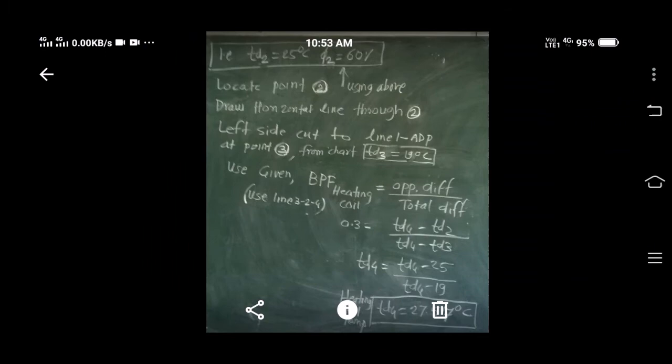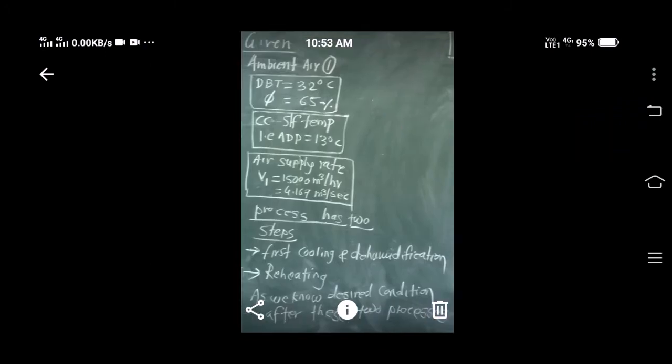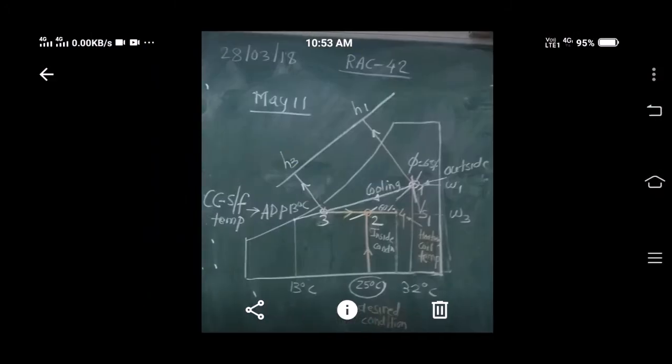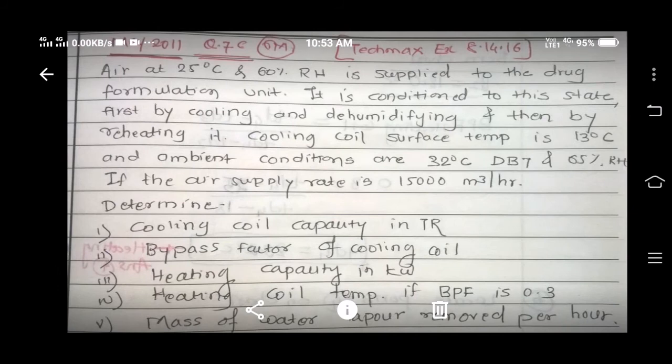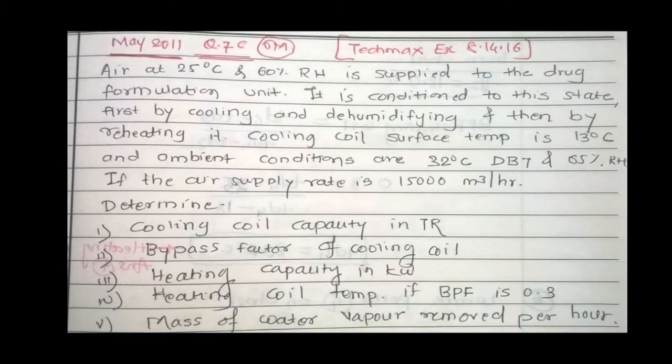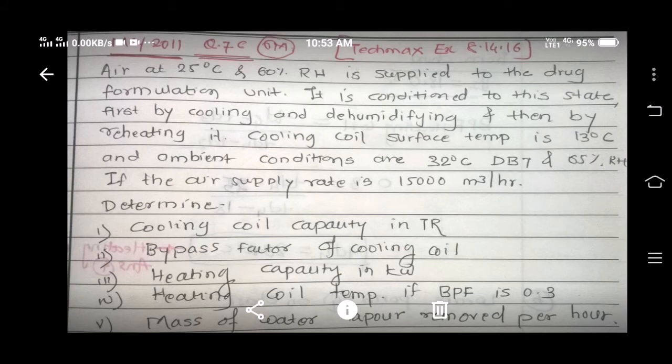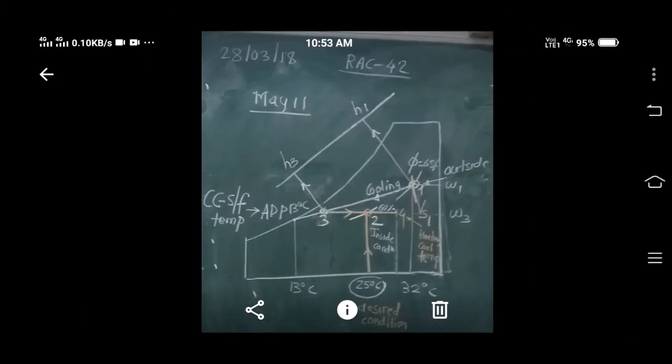So actually here V1 is given in meter cube per hour, that we convert into seconds by dividing by 3600, so kg per second we will get.